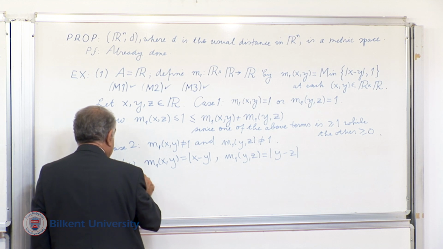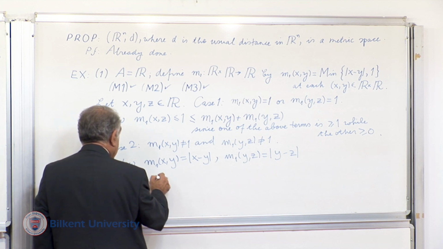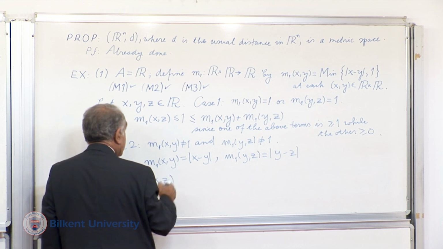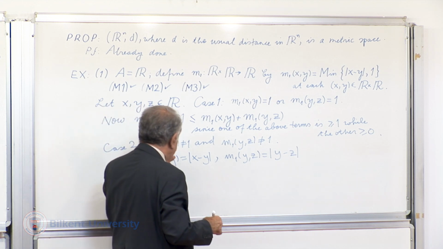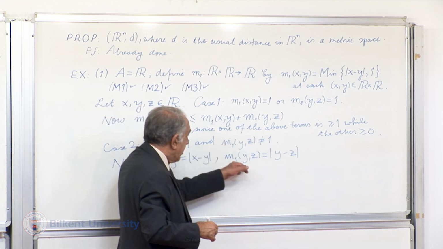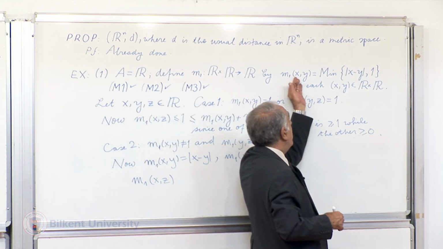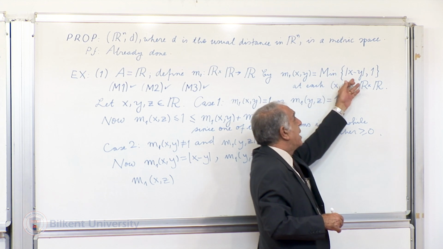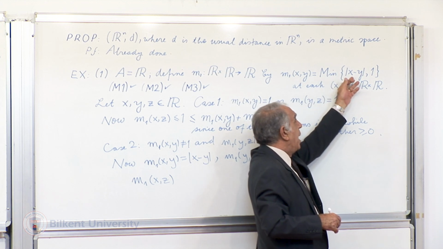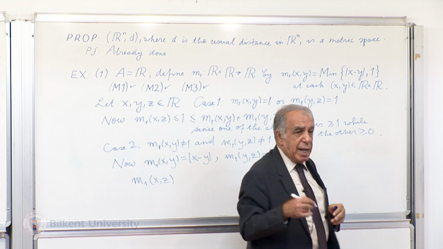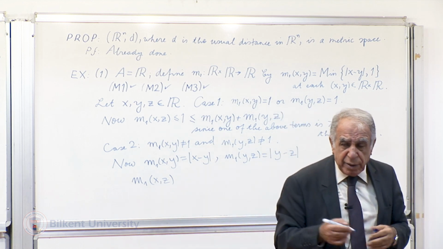Now we have, let's start with m1(x,z). We wish to show that it's less than or equal to this sum in this case as well. But as we have noted, m1(x,z) is less than or equal to the absolute value of x minus z and 1, less than or equal to both.